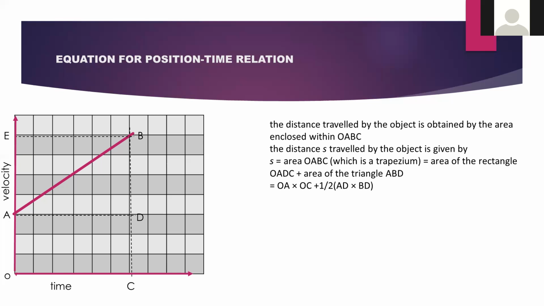We have to calculate the area of rectangle, that is OA into OC, length into breadth, right? Plus the area of triangle, half into base into height, half into AD into BD. Now substituting the value, OA is equal to U, right? U is our initial velocity, and OC is equal to AD equal to T, okay, and BD is equal to AT. Then we get S is equal to UT plus half AT square.